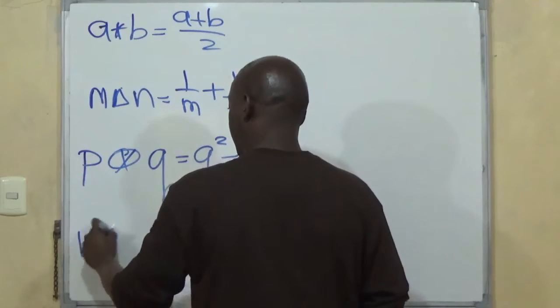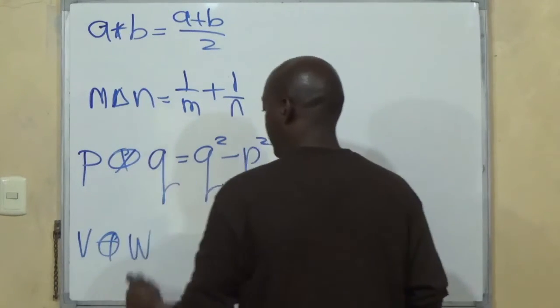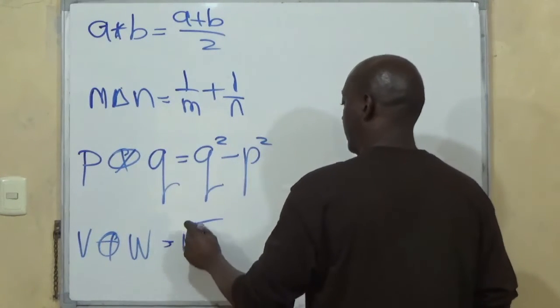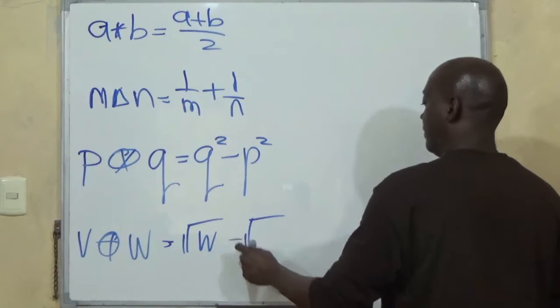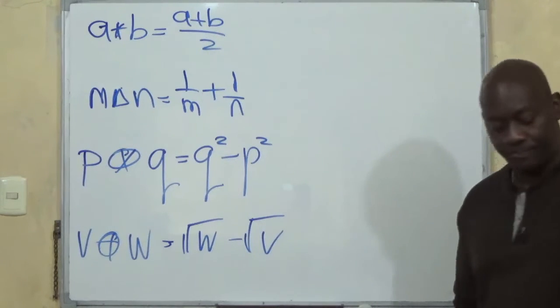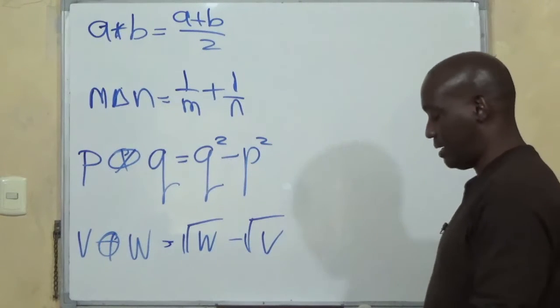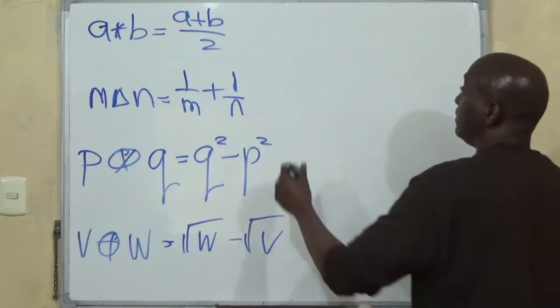And we have V star circle with the cross W is equal to the square root of W minus the square root of V. Right. So 8 star 4 and 4 star 8.